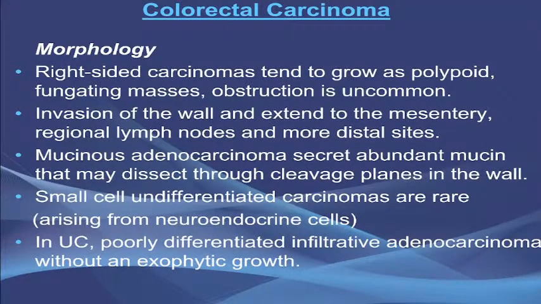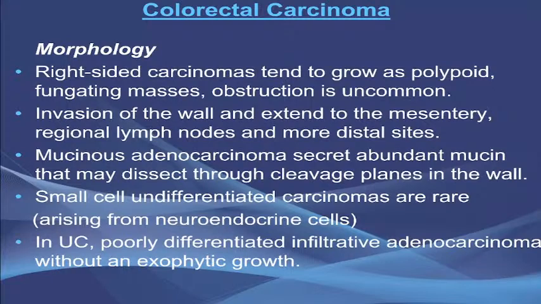So right-sided carcinomas tend to grow as polypoid fungating masses. Obstruction is less common than with the left-sided tumors. Invasion of the wall and extension to the mesentery, regional lymph nodes, and more distal sites is more common. And mucinous adenocarcinomas, which secrete abundant mucin, may dissect through the cleavage planes in the wall of the bowel, as noted.